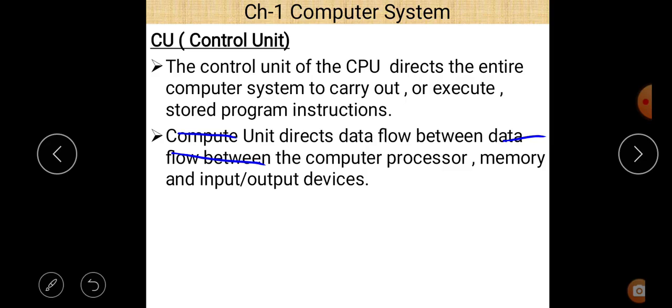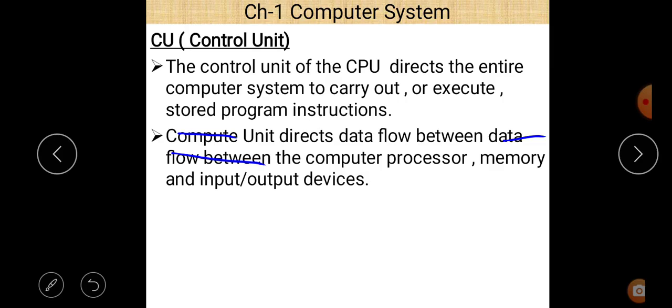In short, we can say that control unit controls the entire computer system, and it basically directs data flow between the different parts of a computer system, and these parts are computer processor, meaning CPU, memory, and input output devices.